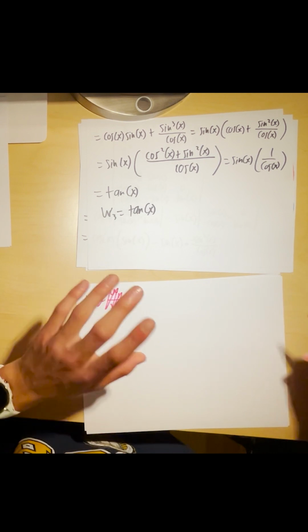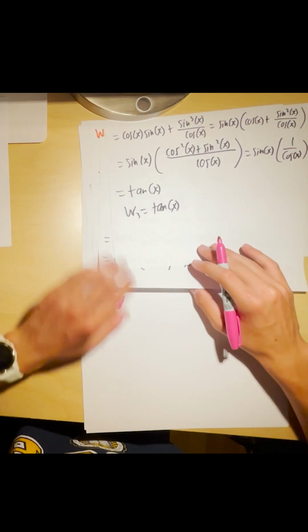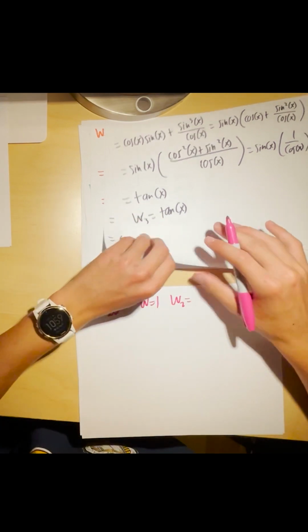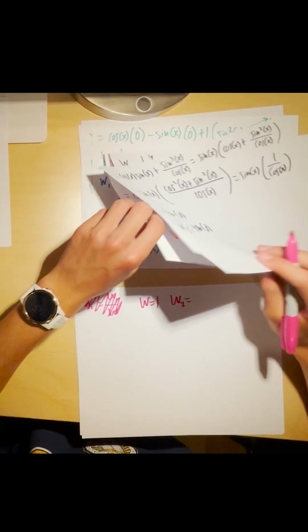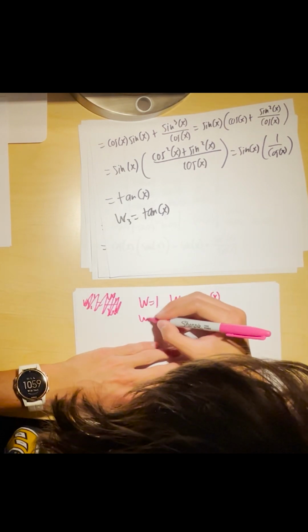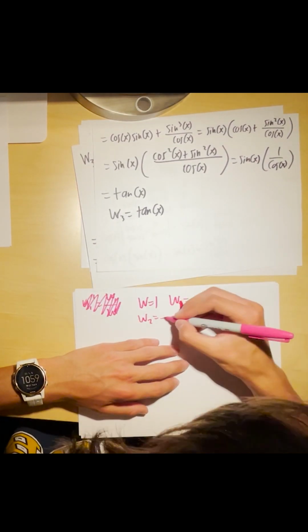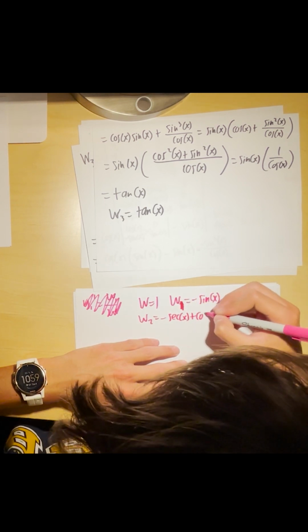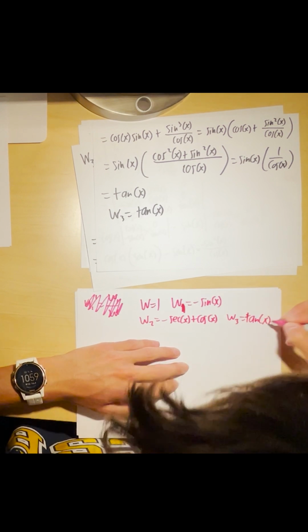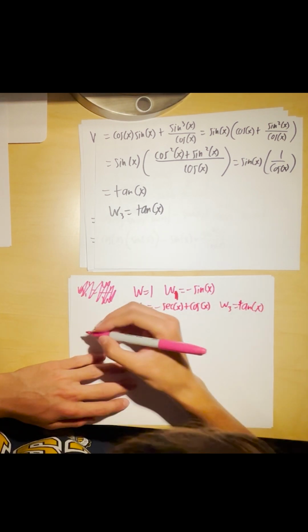Before I do this, I'm going to rewrite all of our Wronskians on one page. W equals 1. Sorry, W1 equals negative sine of x. W2, that's right here, negative secant x plus cosine x. And then W3, tangent x. Now we can start solving for our u terms.